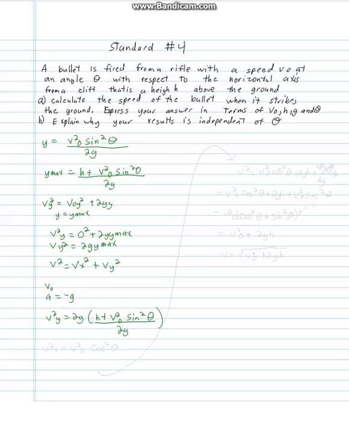We square the horizontal component of speed, which is v0 squared cosine squared of theta.